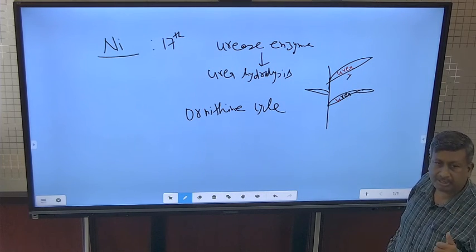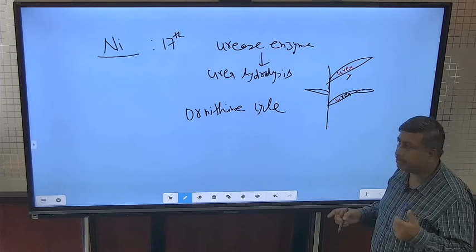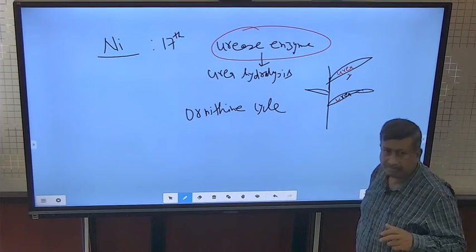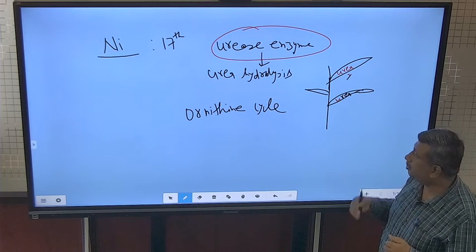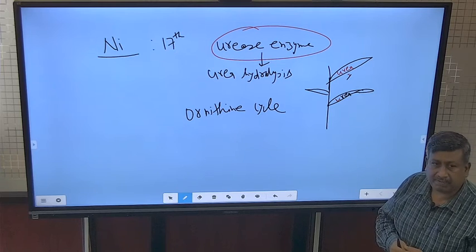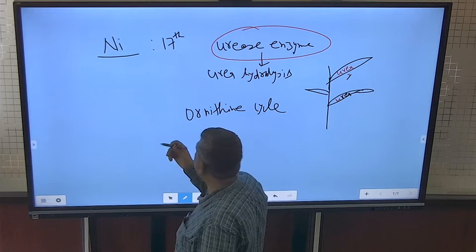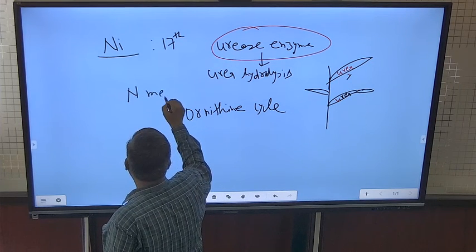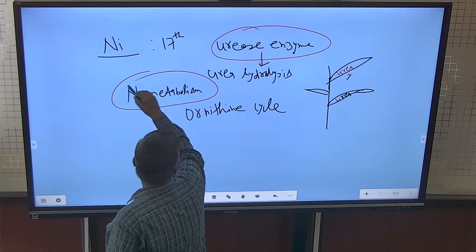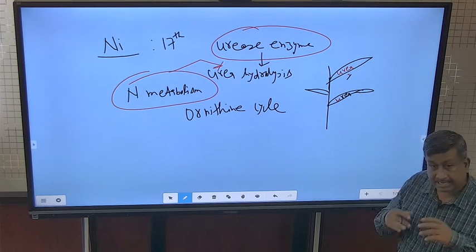That is why hydrolysis of urea is a must, and urea hydrolysis inside the plant takes place with the help of the urease enzyme, and this enzyme is produced in the presence of nickel. That is why nickel is considered essential for plants. So nickel is involved in nitrogen metabolism through urea hydrolysis. And this urea formation is natural in the plant.